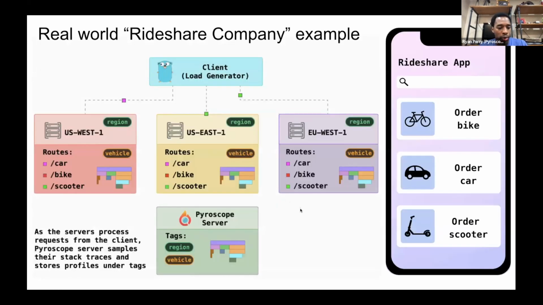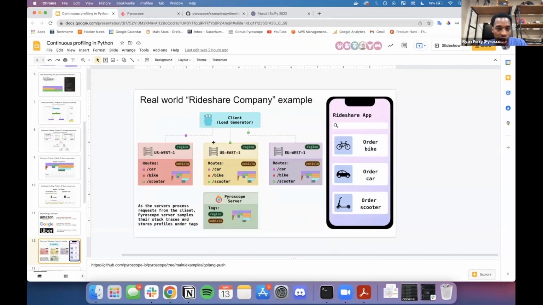So I've talked a lot about it, and I wanted to show a real world example. In this case, we created a fake rideshare company, just think Uber or whatever, where there's 3 regions, and then there's 3 different vehicles that you can hail using this application.